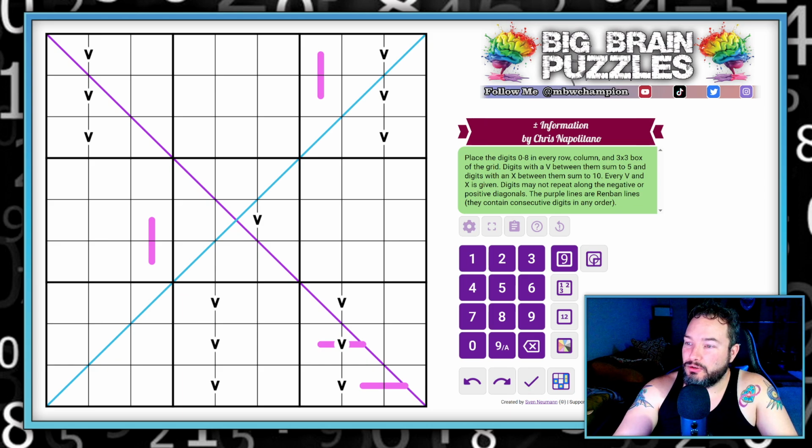In normal Sudoku, every row, column, and grid has the digits 1 through 9 without repeating. But this one says place the digits 0 through 8 in every row, column, and 3x3 box in the grid. That is super interesting.